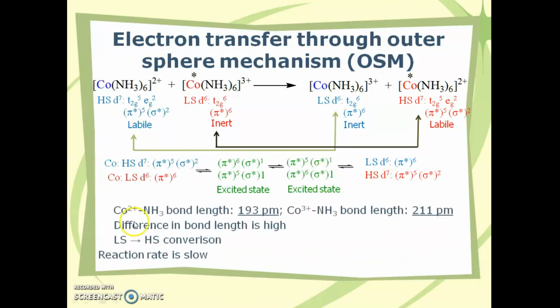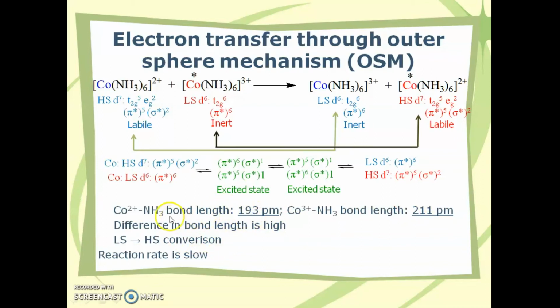So one more point that we can note here is that the cobalt 2+ ammonia bond length is 193 picometer, whereas for cobalt 3+ ammonia the bond length is 211 picometer. So there is a large difference in the bond length also. So there are two processes that are occurring here.